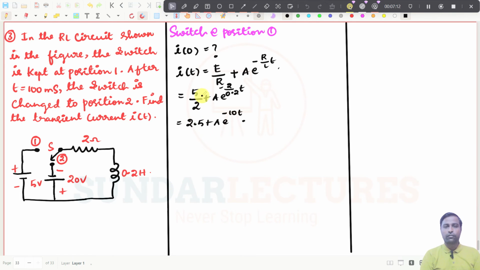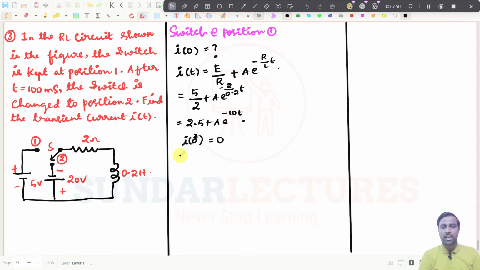Now we need to find the initial condition. They have not given you anything here, so what you do is take 0 for this condition. You should make a difference between the two I of 0 values, because for case number 1 we should know the initial current through the inductor, and that was not given here, so I am taking it as 0. To differentiate, I put a star here.